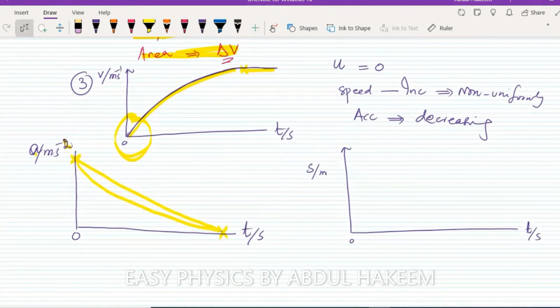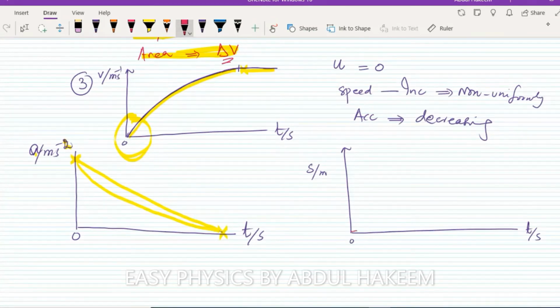Now the time at the x-axis and the distance at the y-axis, the graph, look at this speed. Speed is increasing. And finally, the speed becomes constant. Initially, the speed is increasing and finally becomes constant. So here, initially, the increasing gradient, 0, increasing gradient.